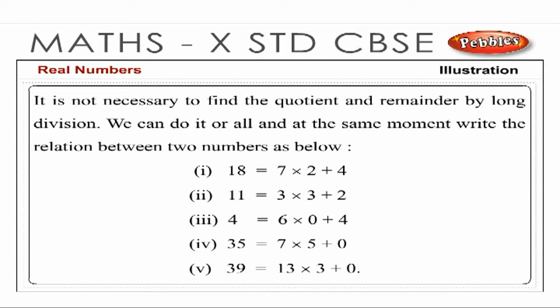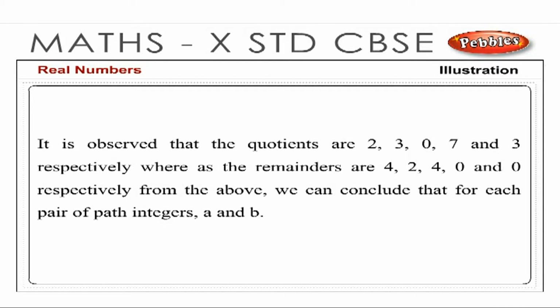We can do it orally and at the same moment write the relation between two numbers as below. It is observed that the quotients are 2, 3, 0, 7 and 3 respectively, whereas the remainders are 4, 2, 4, 0 and 0 respectively.